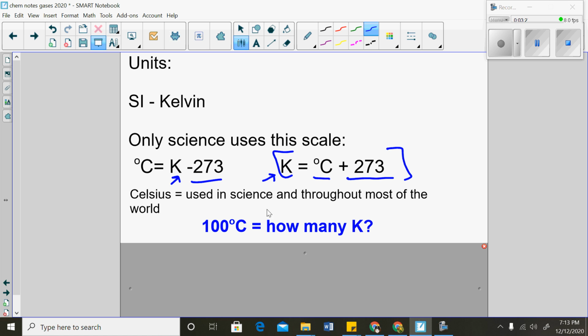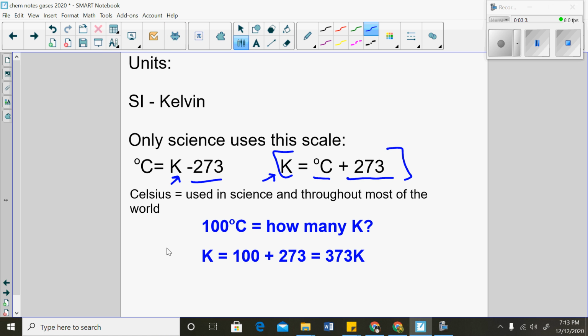So just give this one a try. If you had 100 degrees Celsius, how many kelvins is that? Wait for it, wait for it. You just add. So your Celsius temperature is 100 degrees, add 273, and it's 373 K. If you put the degree or not, it actually doesn't matter for me, but for the most part, we don't put the degree sign for Kelvin.